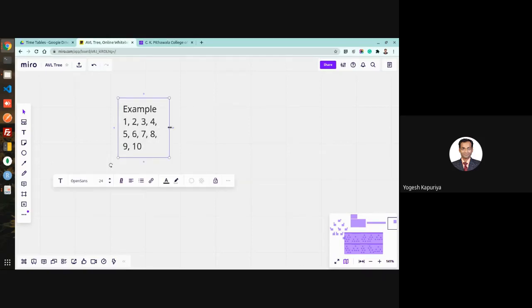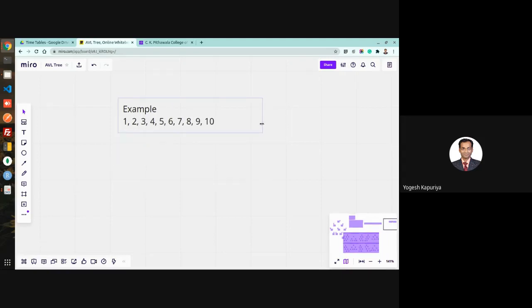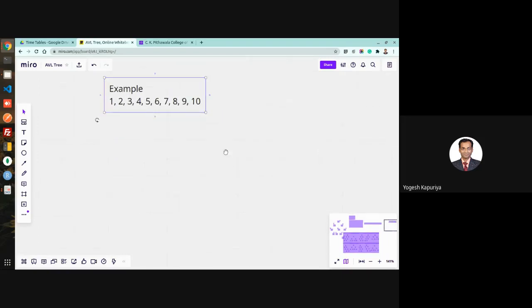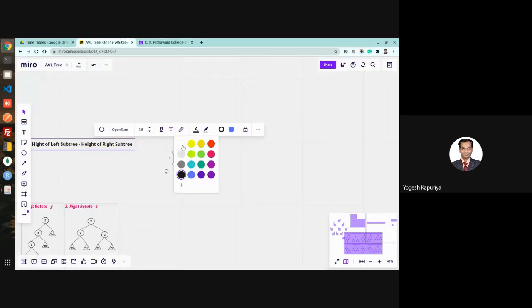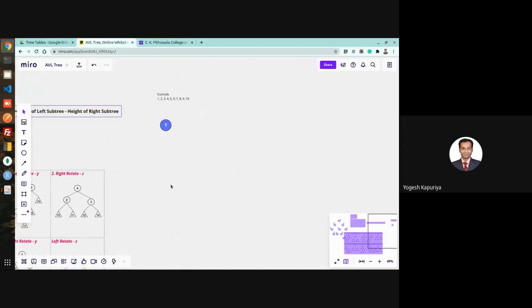So let's say we are creating an AVL tree in which these values are to be inserted. Obviously it's a binary search tree, so it will start with the first value, 1. The balance factor is always going to be 0 when you have only one node.